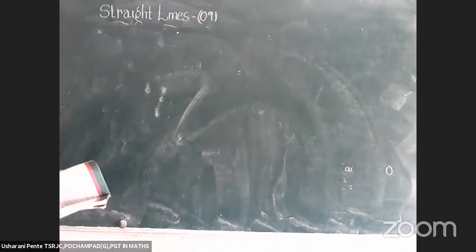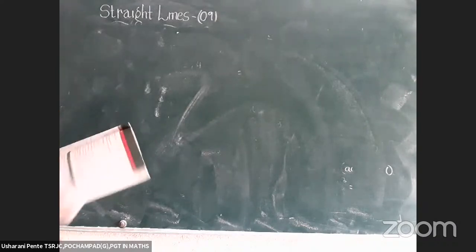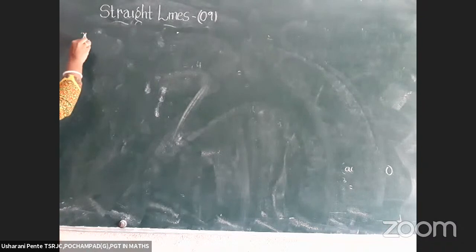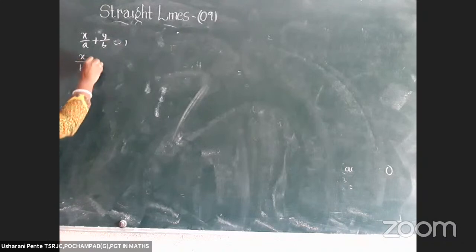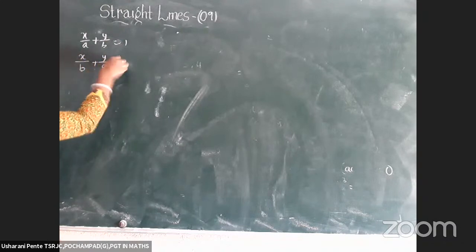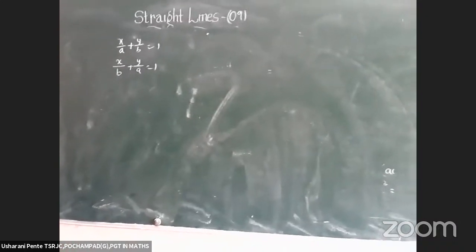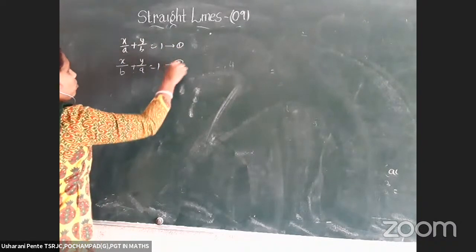And the next example we had is a variable straight line drawn through the point of intersection of these 2 lines. What are the lines? X by A plus Y by B is equal to 1 and X by B plus Y by A is equal to 1. Do you remember anything? We have proved it already.